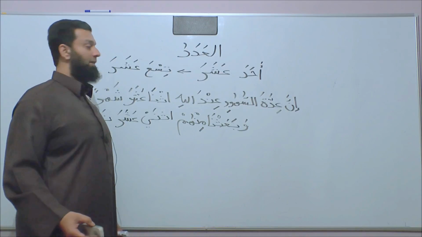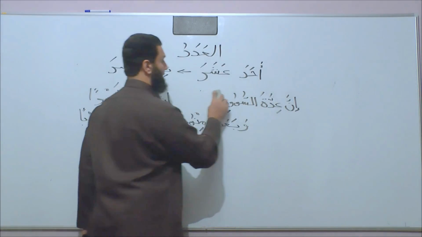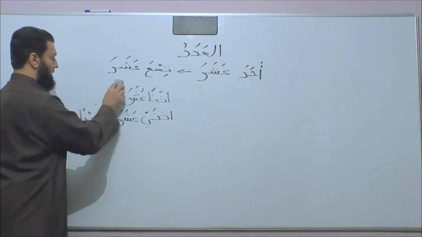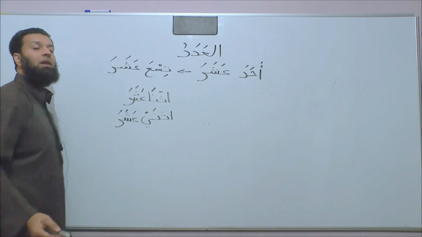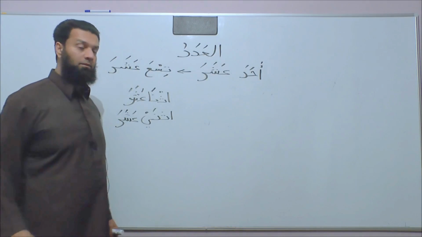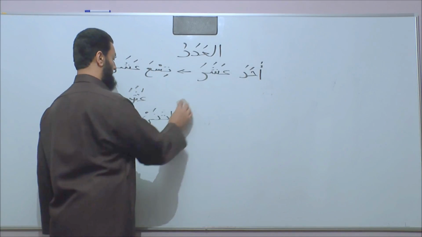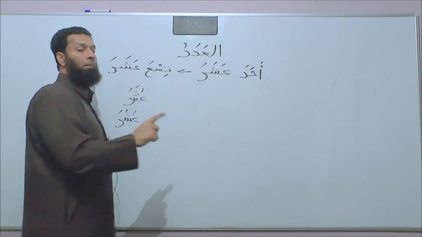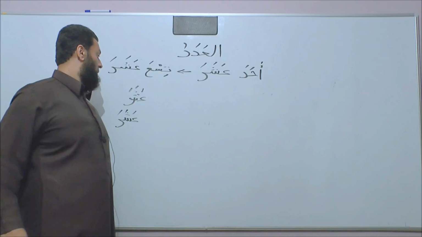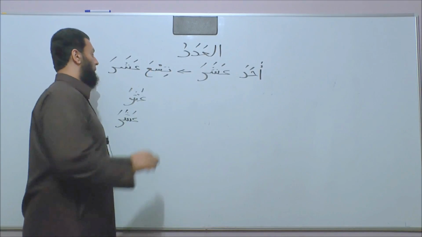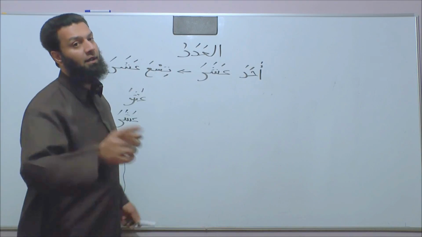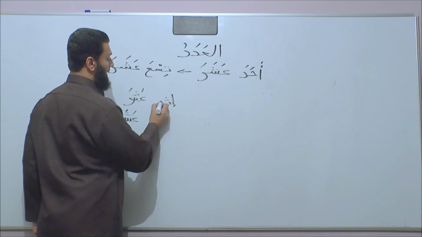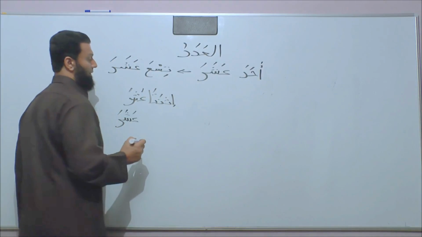Yeah, so the female ones, we're going to do them next. So that's the male. The female ones are... Well, what's two? What's the female two? Ithnatani. So remember, we drop the noon when it's 12. So it's ithnata.